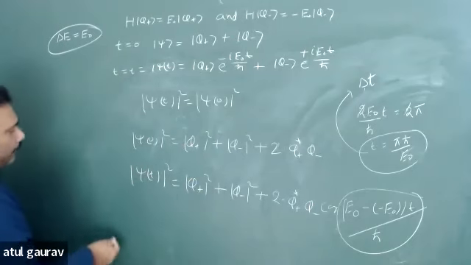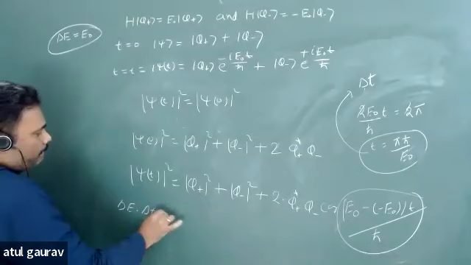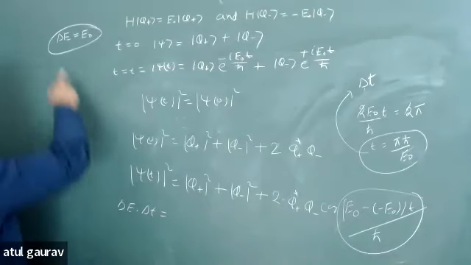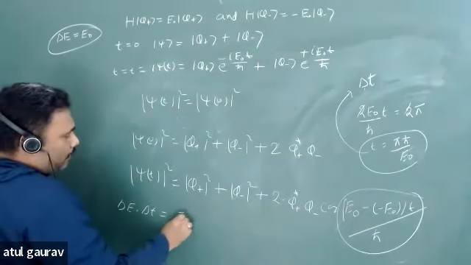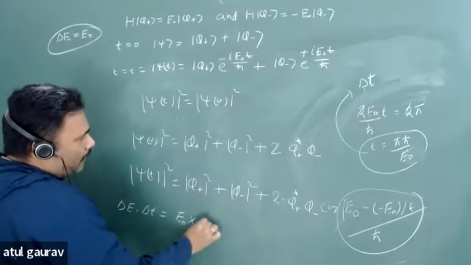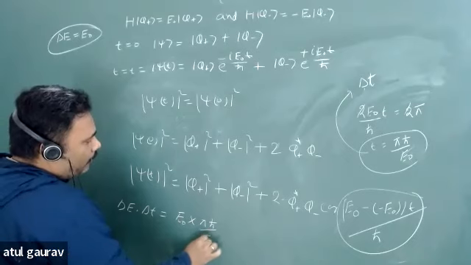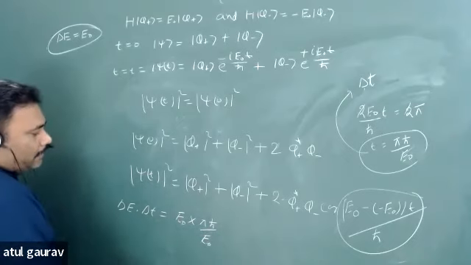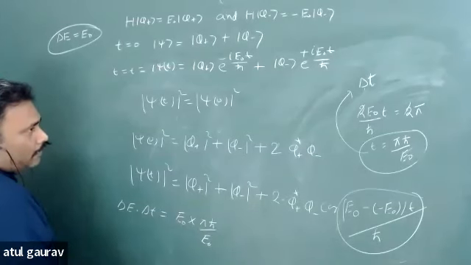Now you can calculate what will be your delta E into delta t. So what will be your delta E? It is E naught. What is your delta t? Pi h cut upon E naught, isn't it? Sir, minimum should be 2 pi h cut, right?